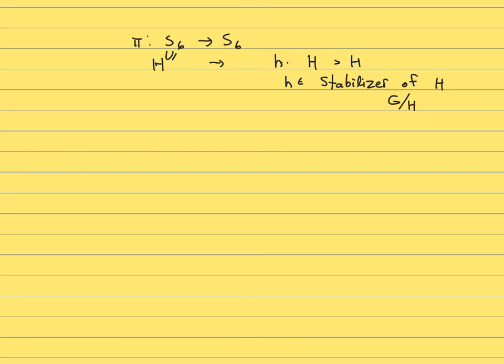And so assume, of course, S6 mod H, it's got a bunch of cosets, namely 6 cosets. Let's choose them, of course, so that sigma 1 corresponds to the identity. And so these 1, 2, 3, 4, 5, 6 corresponds to the 1, 2, 3, 4, 5, 6 over here.